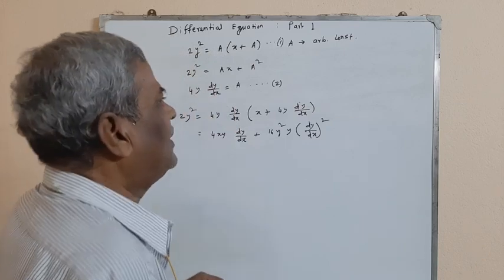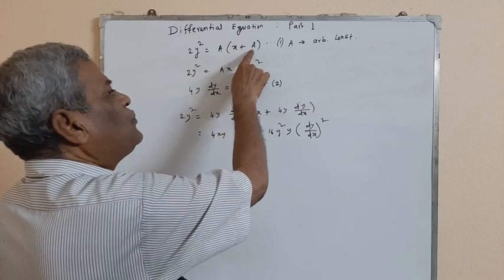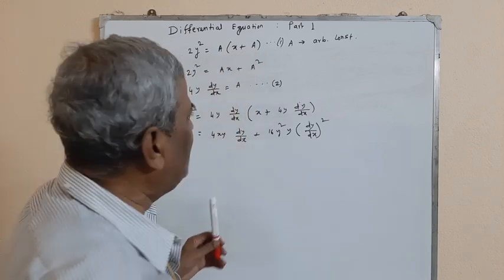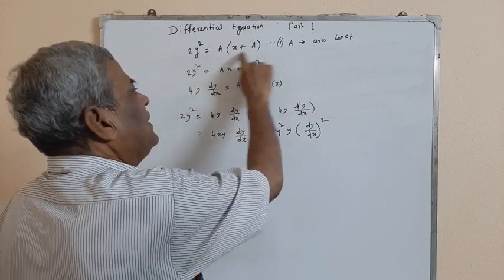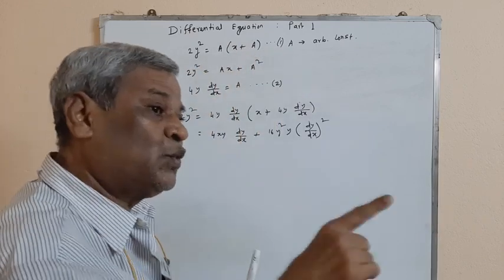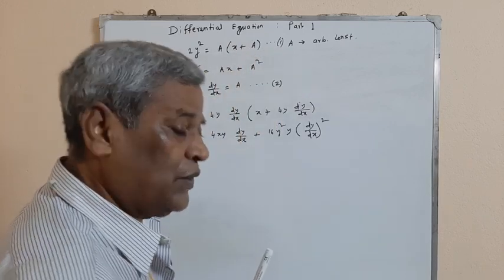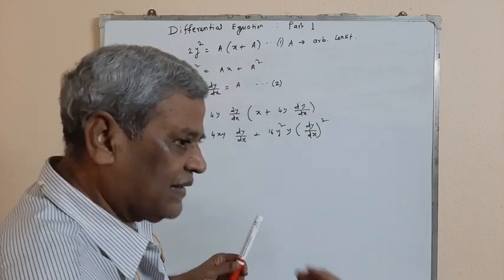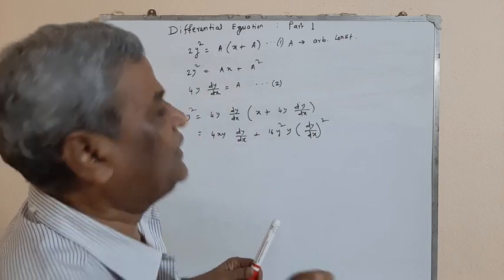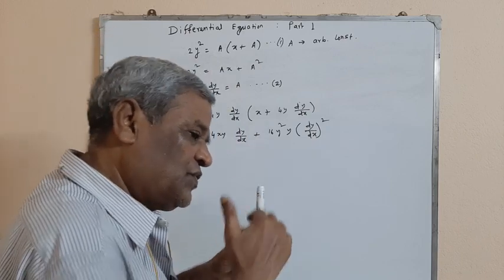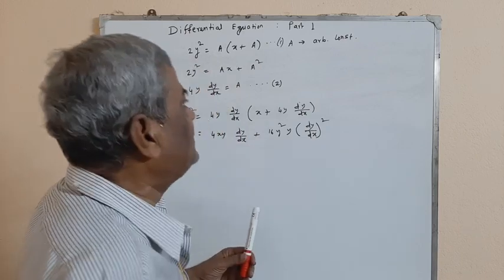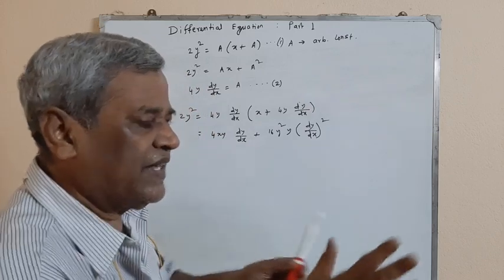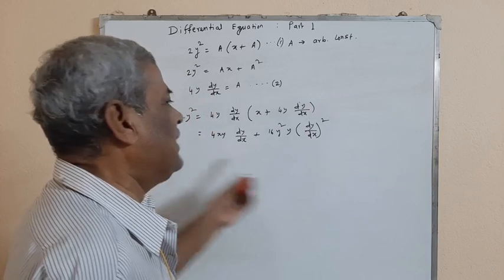If two arbitrary constants are present, you have to differentiate both sides two times, twice. So you get three relations. One is given and the other two are derived equations. From these three relations, you have to eliminate the arbitrary constants a and b and get a relation like this.